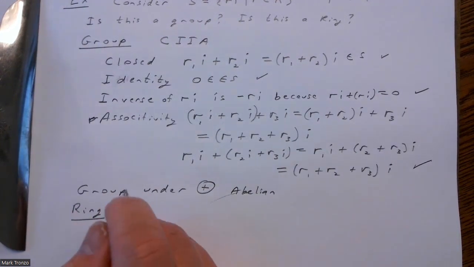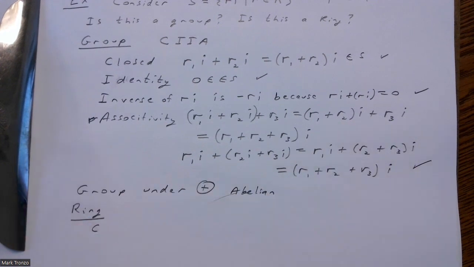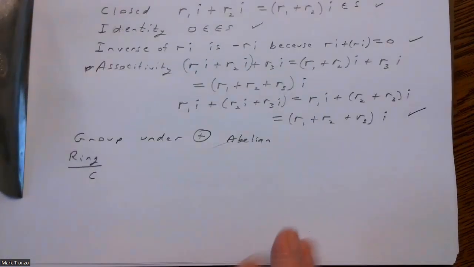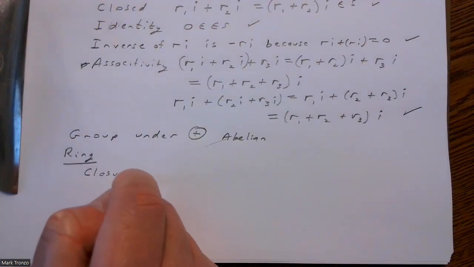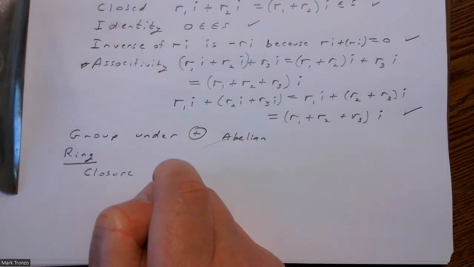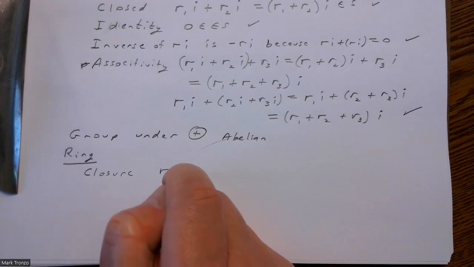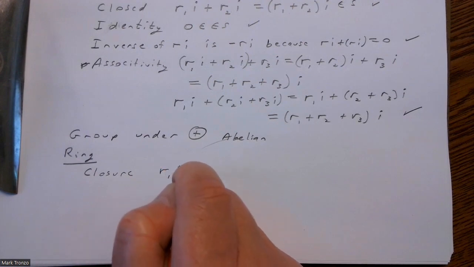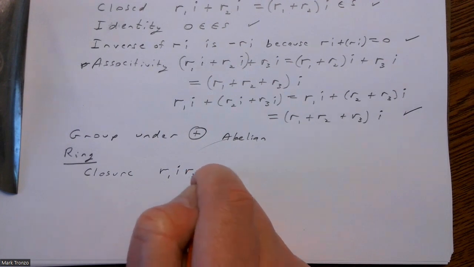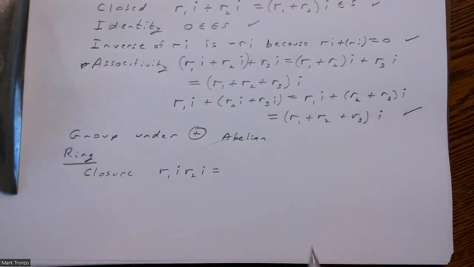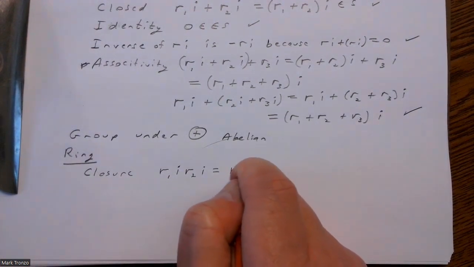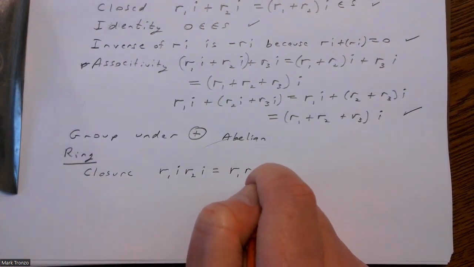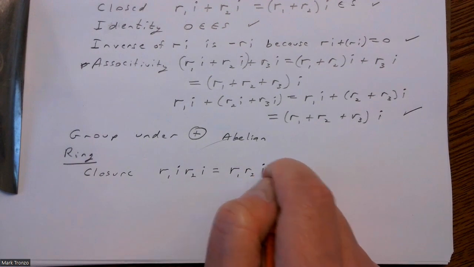So now if we take two typical elements, so once again, let's check for closure. So if we take two typical elements, r1 i, r2 i, and if we multiplied those two together, we would get r1 r2 i squared.